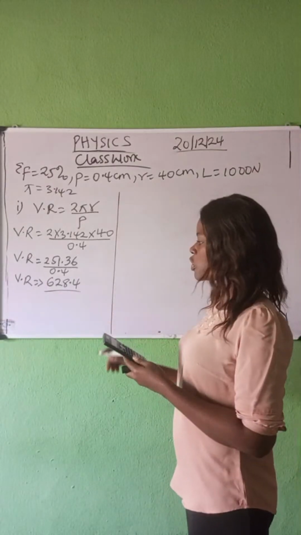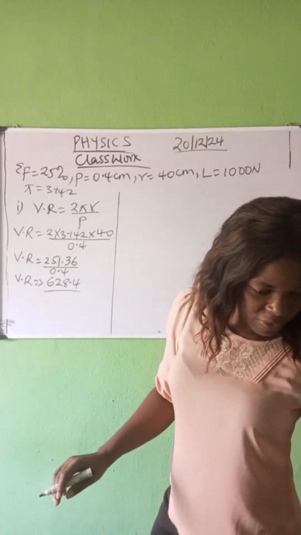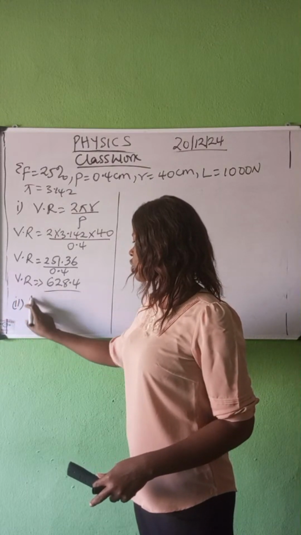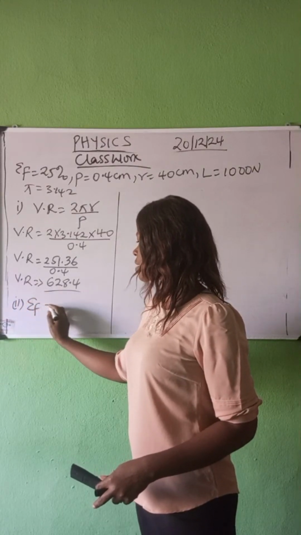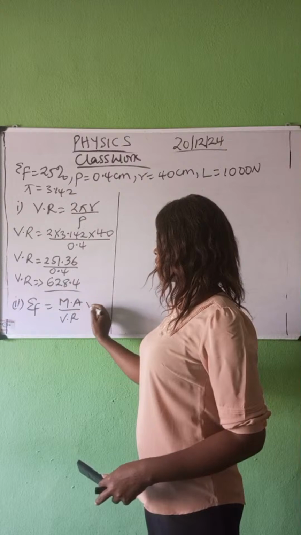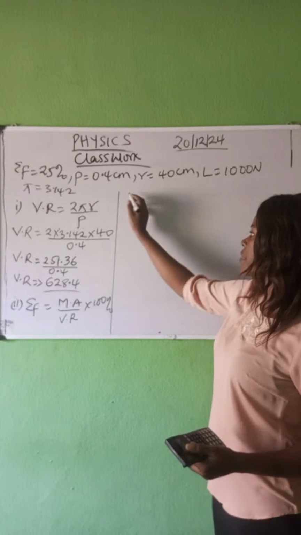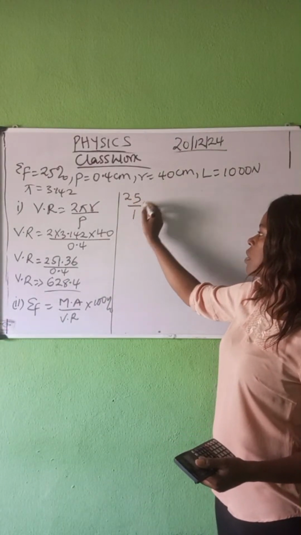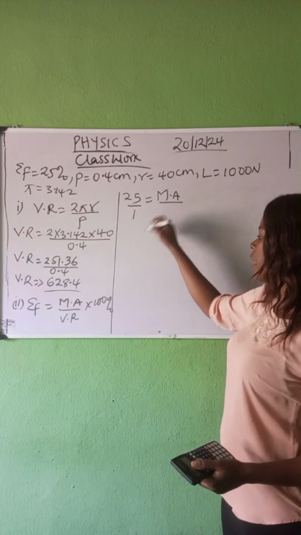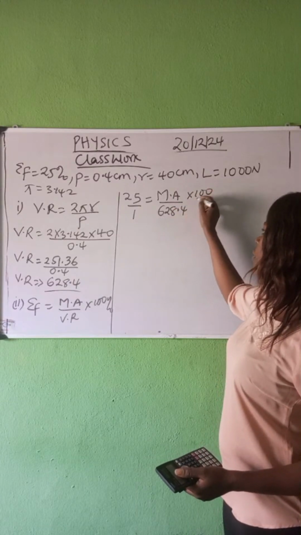And the next thing we are going to solve for is the mechanical advantage. You're going to use the efficiency formula. Efficiency is equal to MA over VR multiplied by 100%. My efficiency is given as 25, so 25 over 1 is equal to MA, which I am looking for, divided by VR, which is 628.4, then multiplied by 100 over 1.